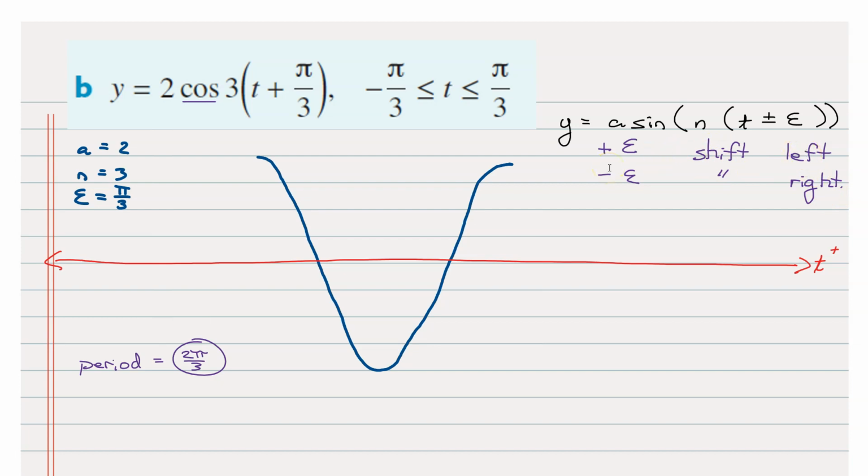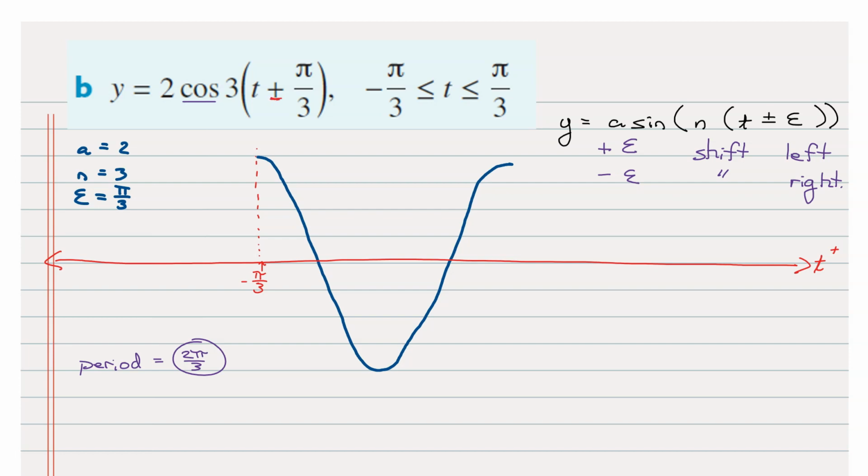So what we can see is that over here, this is going to be negative pi over 3, because we're shifted to the left because it's positive.